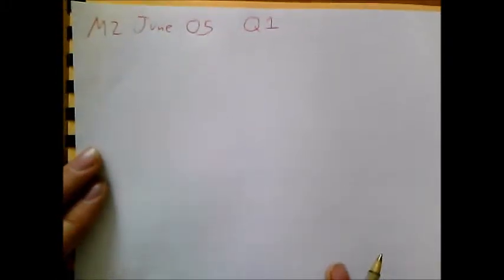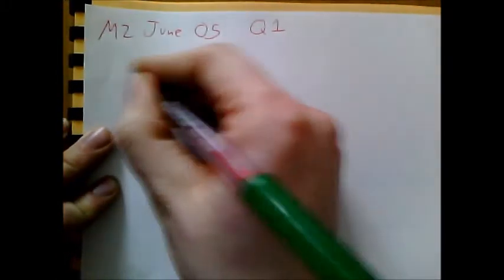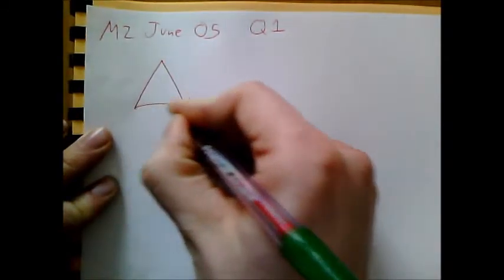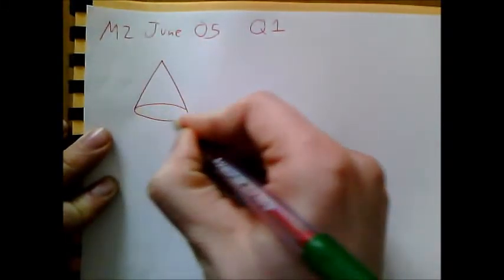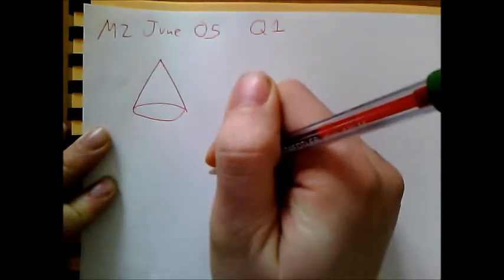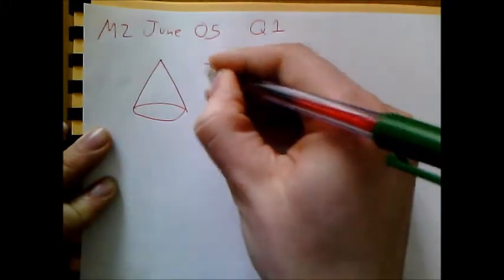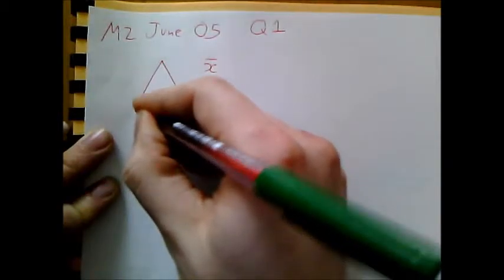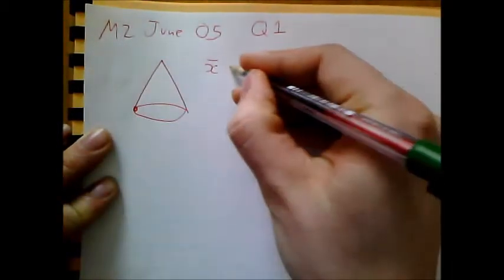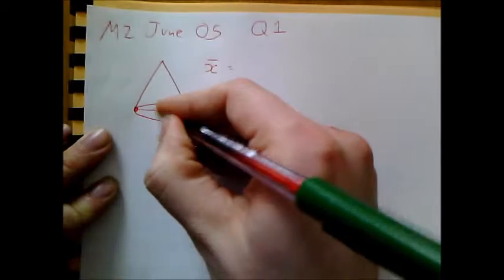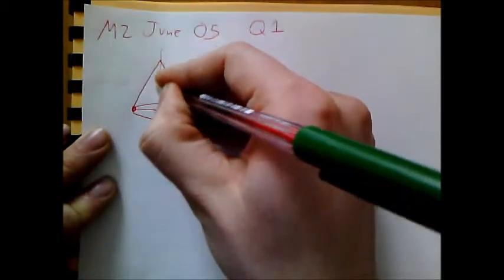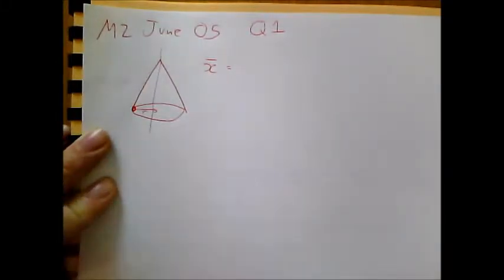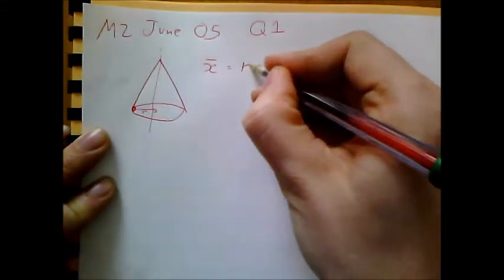Let's go straight into this. Just doing a very quick sketch of our cone first. Okay, so here's our cone. We can get both of its centres of mass. Its centre of mass in the x direction, taking this corner here as a datum, is going to be equal to its radius because it has a line of symmetry just down here. So its x bar will be just the radius.